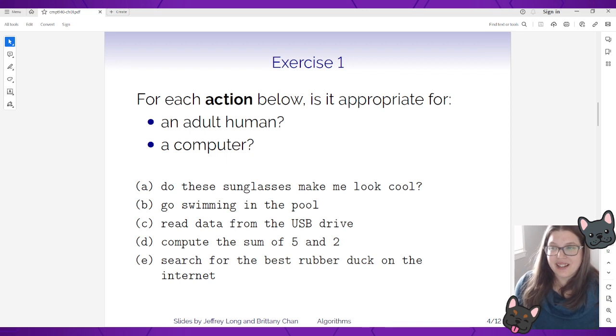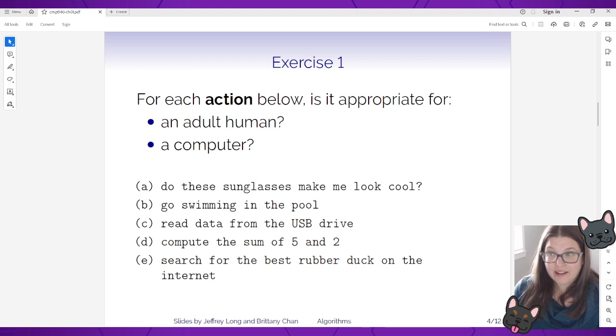And then we move on to C, read data from the USB drive. You give that to me as an imperative command? It is imperative. It is a command. But as a human, I'm not going to know how to do that, other than maybe plug it into my computer and get the computer to do it. But I'm not going to be able to read the ones and zeros from it.